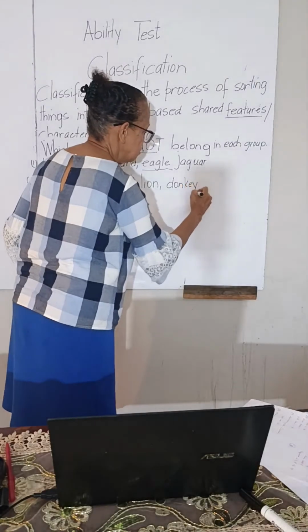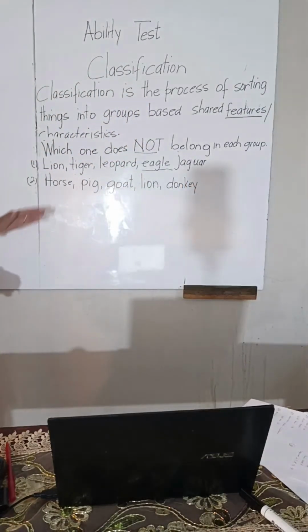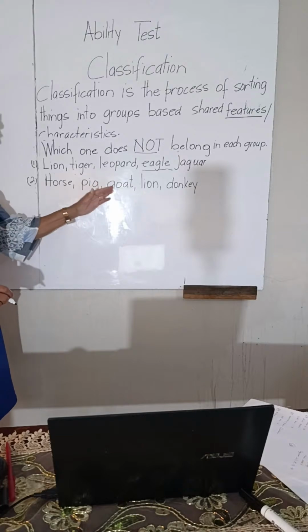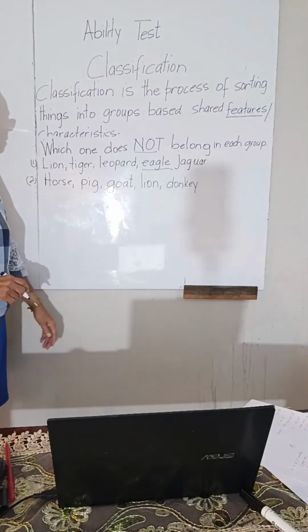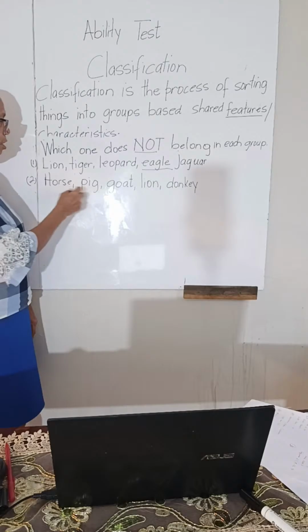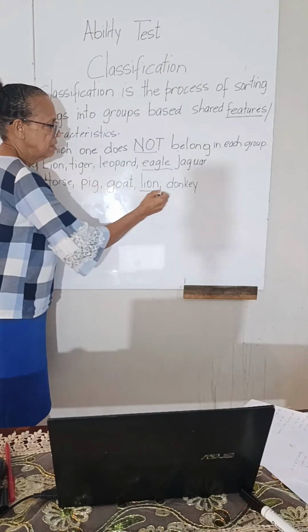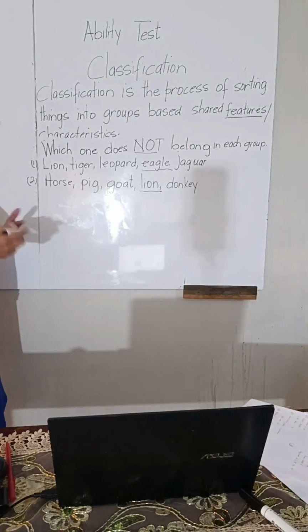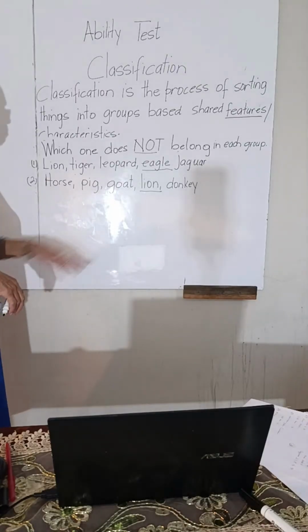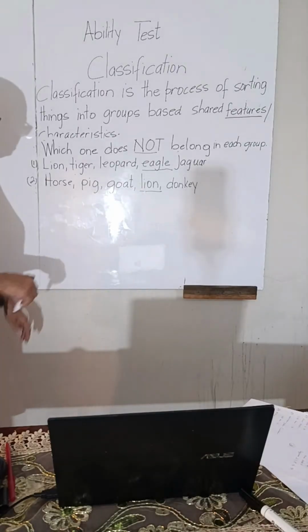Which one does not belong to that group? Horse, pig, goat, lion, donkey. And again, all of these are basically domesticated animals or animals that are friendly. We live with them. This one is a wild animal, lion.